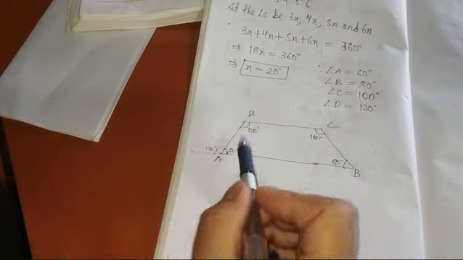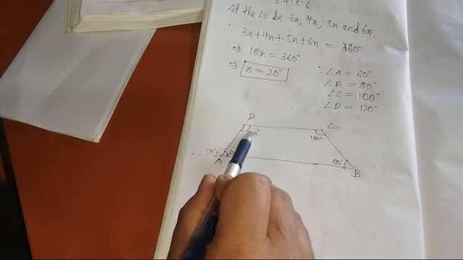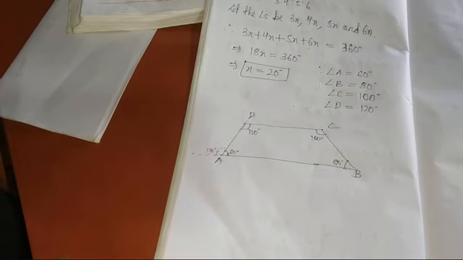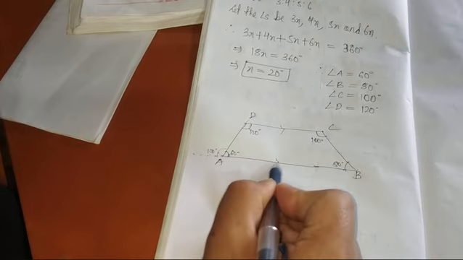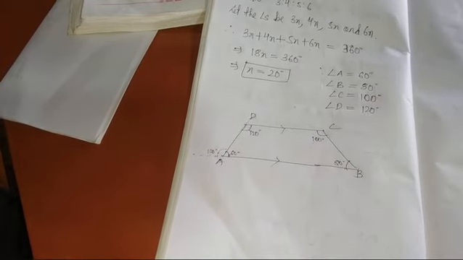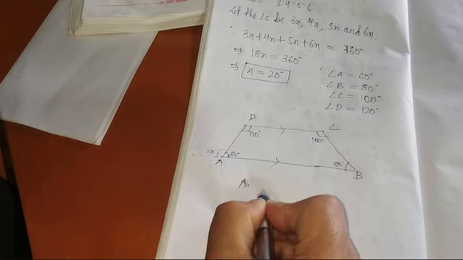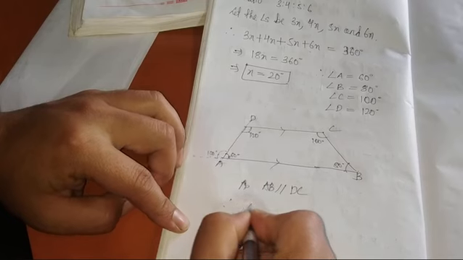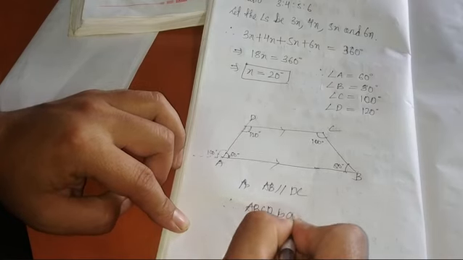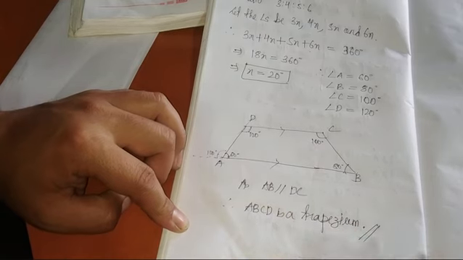Now, if you also look out here, this is 120 and this is 120. This happens only in the case of alternate angles. Therefore, if these two are alternate angles, then this and this have to be parallel to each other. We know that trapezium means one pair of opposite sides has to be parallel. So therefore, AB is parallel to DC. Therefore, I can write ABCD is a trapezium. Right, so this is how we prove it.